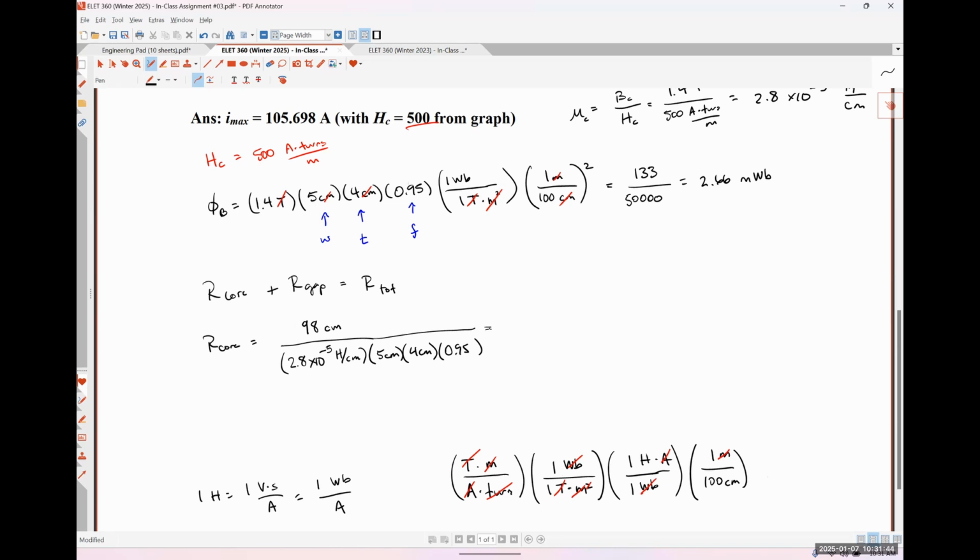So if I throw this into my calculator, I have 98 over 2.8 times 10 to the minus 5 times 4 times 5 times 0.95. And I wound up getting 1.842 times 10 to the 5, right? Amp turns per Weber.